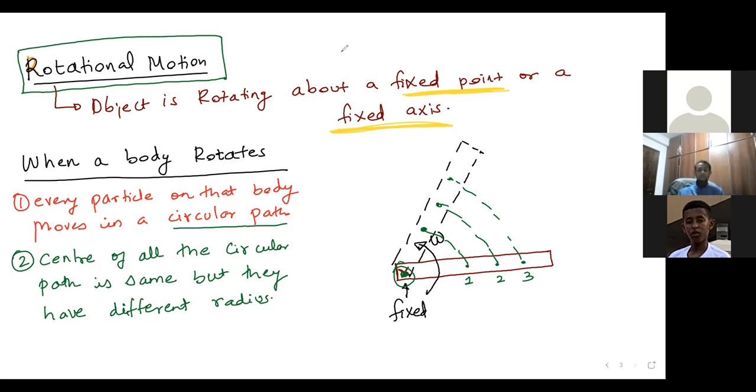Okay, let's continue. Let us take a very simple example of rotation. A rod is rotating.